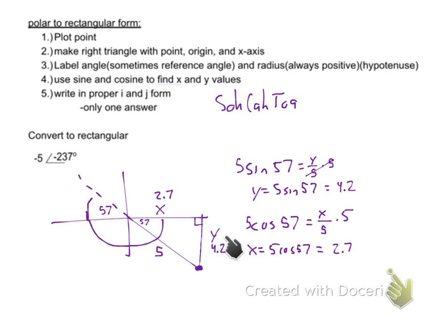But what happens when I go down? That number should be negative. So I have to assign the right sign to it, so that when I go to write my answer, 2.7 i hat minus 4.2 j hat. And you have your answer.